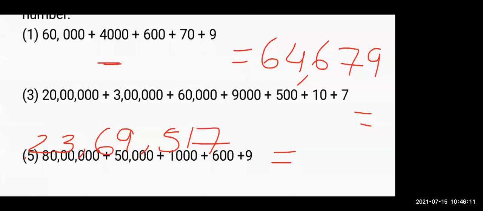See this 80 lakh, so we will write 8. But after 80 lakh, lakh का नहीं है, lakh is missing. Directly उन्होंने क्या दिया है? 10,000 दिया है. So lakh is missing, so you have to put a 0 for the missing number, lakh. Then 5 is there, that is 50,000.